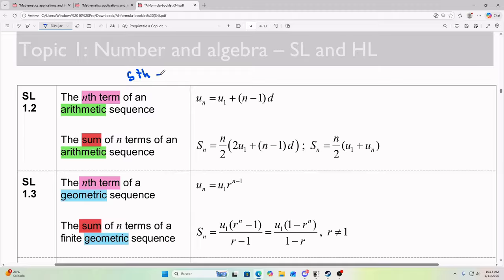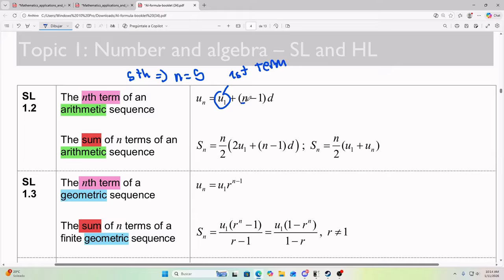That means n equals 5, and if n equals 5 here, then n equals 5 there as well. Plugging all of that in, you would end up with U5 equals U1 plus (5 minus 1) times d. So that's the first thing I'm going to explain: when you plug in n, you also plug it in for little n here. That goes for all of this. And the second thing is that U1 is obviously the first term.